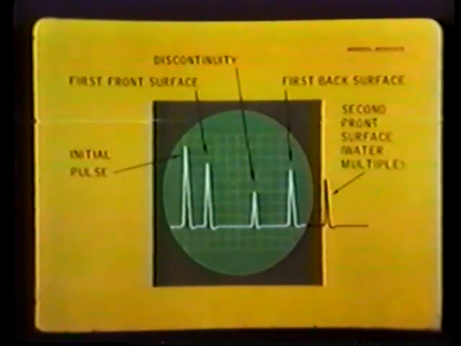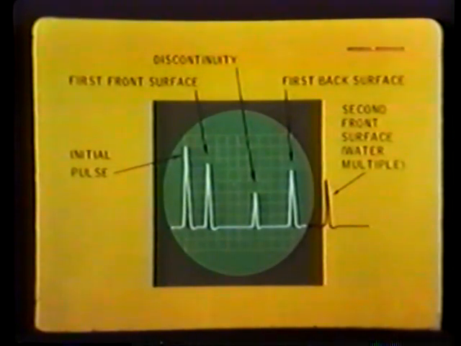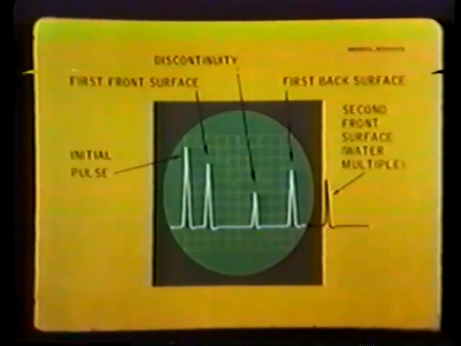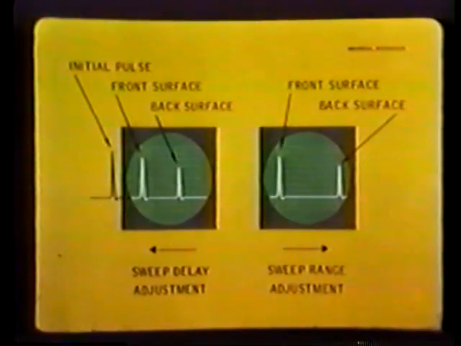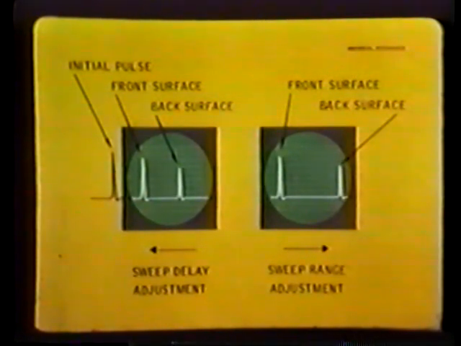Any pips moving across the screen at twice their rate are water multiples. Proper water path is obtained when no water multiples appear between the first front and first back surface reflection. Once the water path is established, the initial pulse is generally moved off-screen with the sweep delay control. The sweep range control is adjusted to fill the screen.